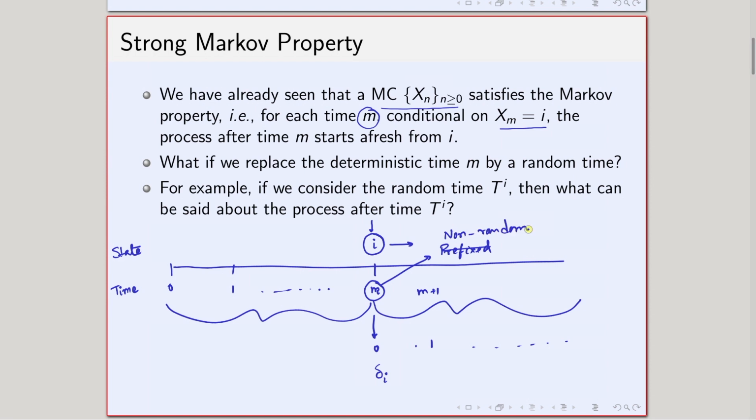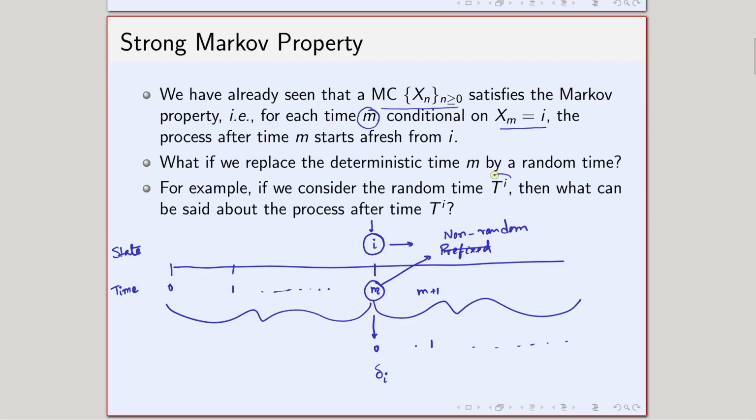Okay. So, now the natural question is: what will happen if instead of a non-random time, I take a random time, and the strong Markov property talks about that. Of course, I cannot talk about any random time, I have to talk about a particular kind of time which is called a stopping time. But just for example, suppose instead of m I take the hitting time Ti to the state i.